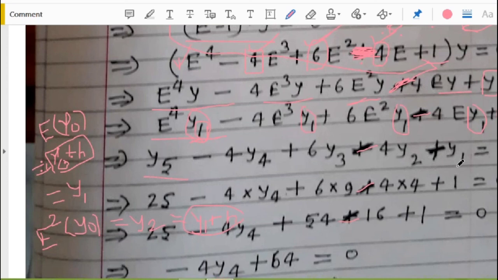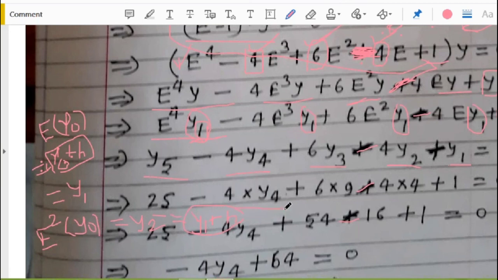You may be knowing better, but similarly the 4 y4, the 6 y3, 4 y2, plus y1 is equal to 0. I think you got this point. Y5 is how much? 25.